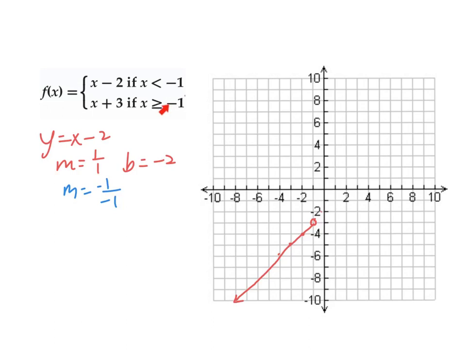It turns out to be the same boundary, the negative 1, and we're going to use it for this rule to draw on this side of the line. Okay. Questions so far? Any other questions? Okay. So now I have to do the same thing with this rule on this side of the line x equals negative 1.